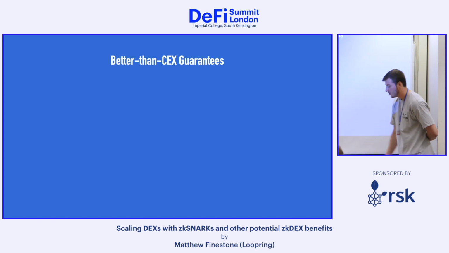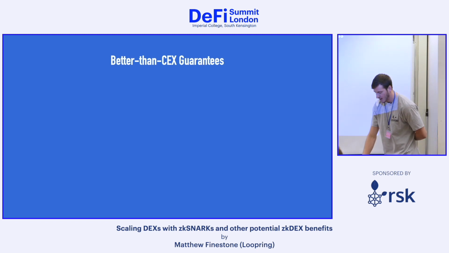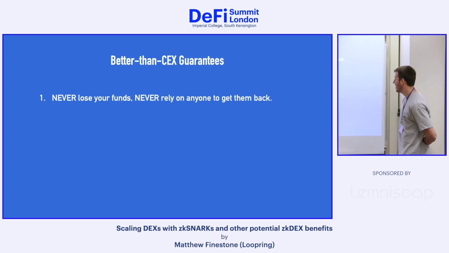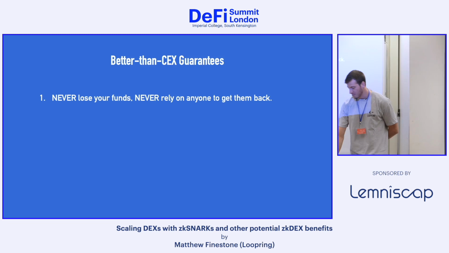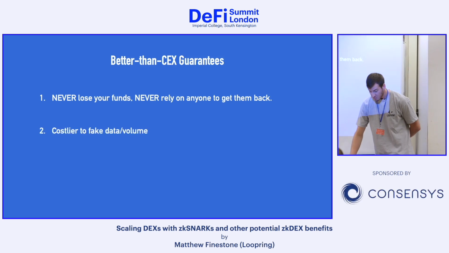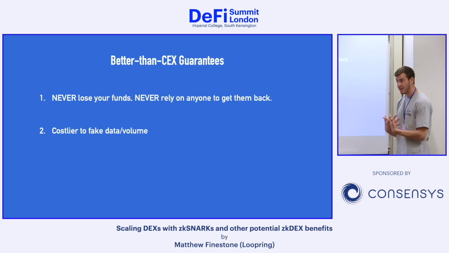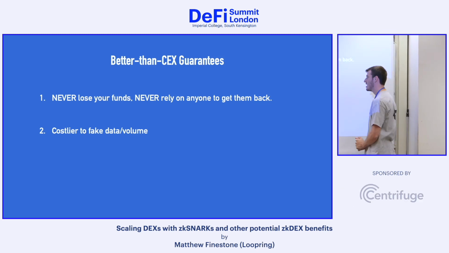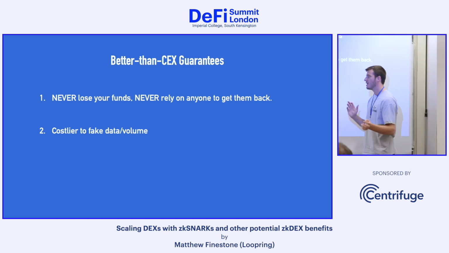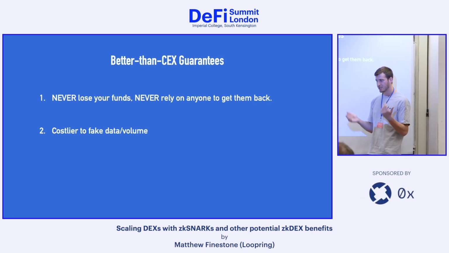I call it better than CEX guarantees. You never lose your funds, and never rely on anyone to get them back. You submit that Merkle inclusion proof, you have your money back. It's also costlier to fake data and volume. Some people say, hey Kent, in this way a DEX operator could still make up a bunch of trades, a wash trade.